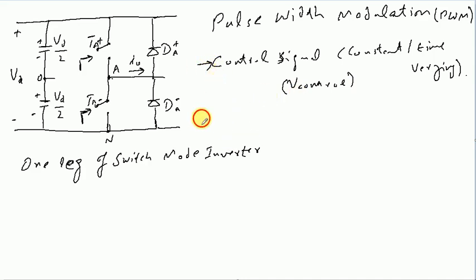So this is one of the signals, and this signal is compared with a repetitive signal of a particular frequency, which is called the switching frequency, and this is quite often the triangular waveform. Whatever the frequency this triangular waveform has, that is basically the switching frequency.